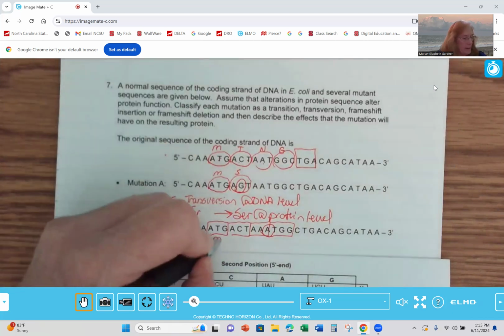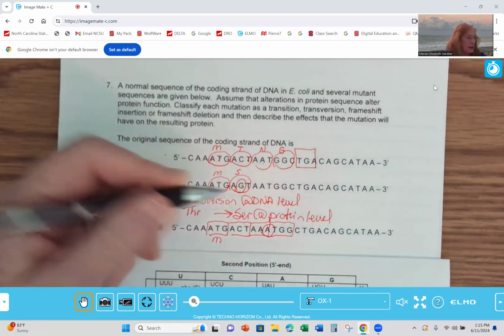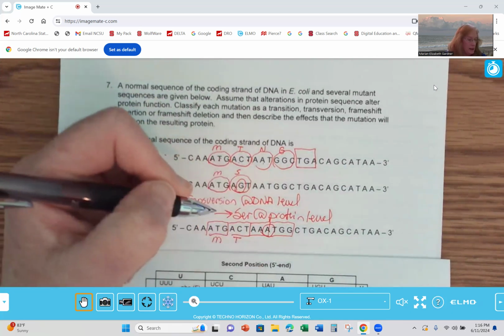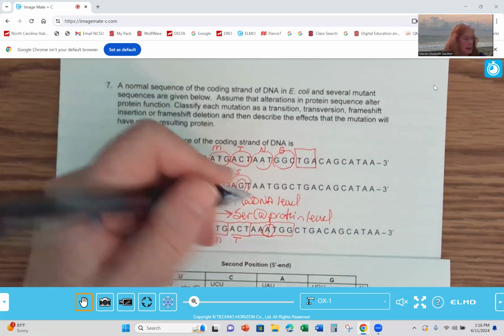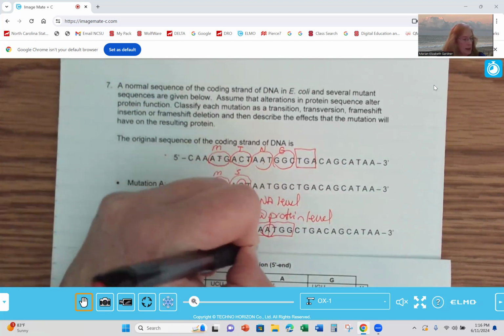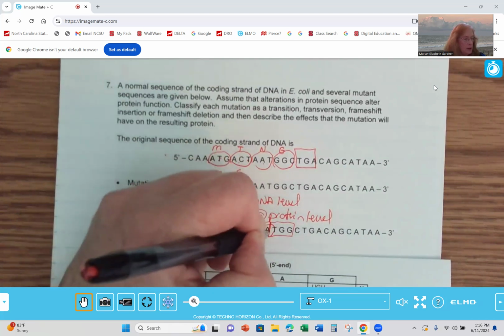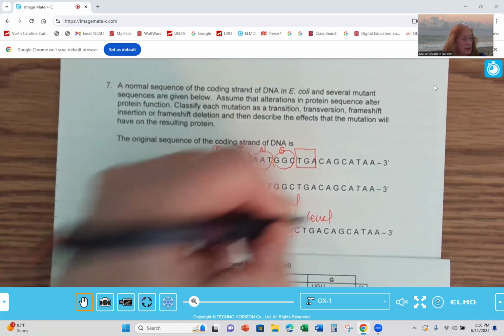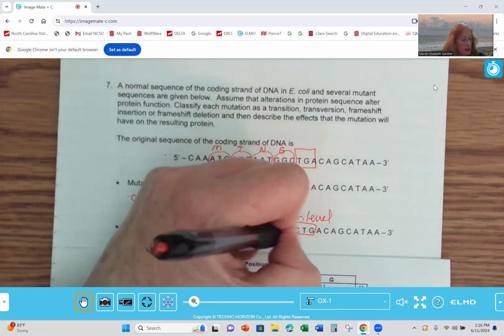So let's see on this one. I went from M, ACU is still threonine. Now AAA, there it is, lysine, which is K. UGG, W. We haven't stopped yet, though. Gotta keep going.